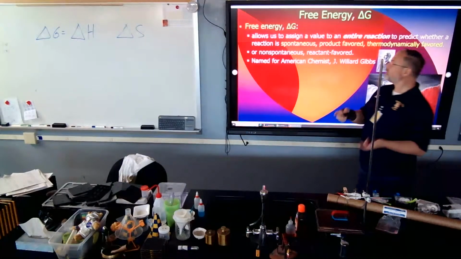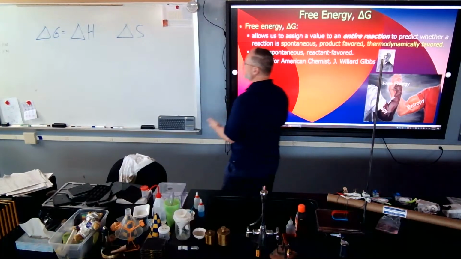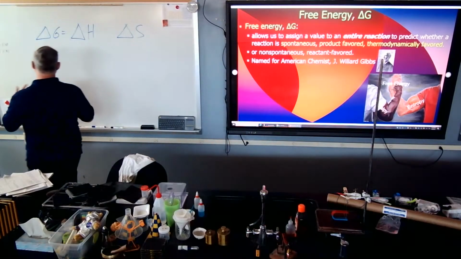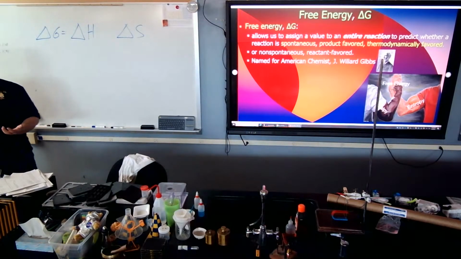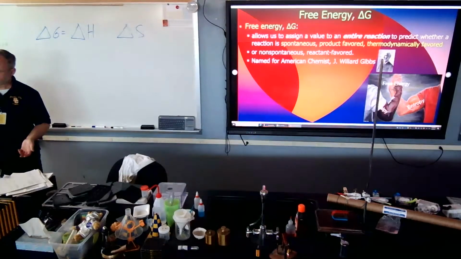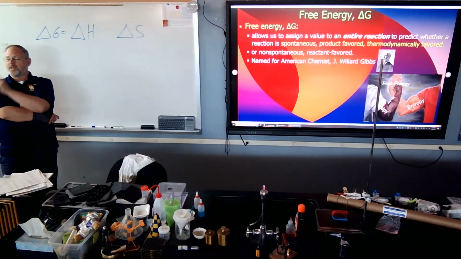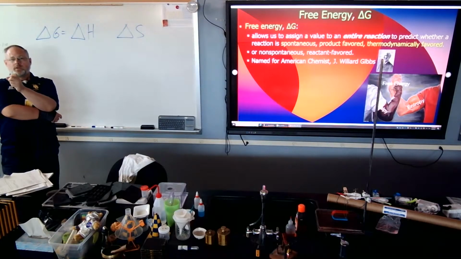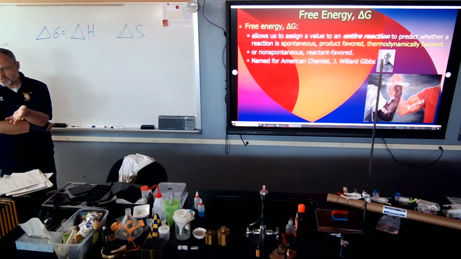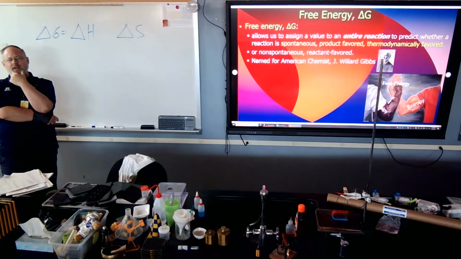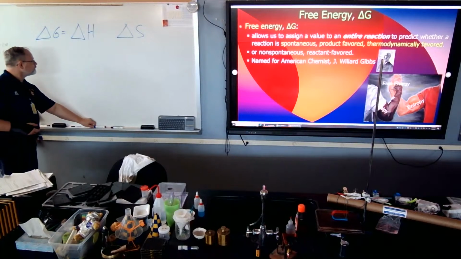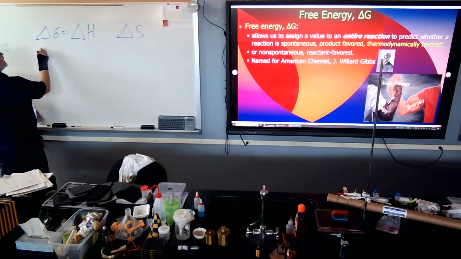So, what do you think the sign would be of a thermodynamically favored free energy? Remember, thinking about the system. If a thermodynamically favored system releases useful energy, what would the sign of a thermodynamically favored free energy look like? Negative. So, a negative delta G is thermodynamically favored.